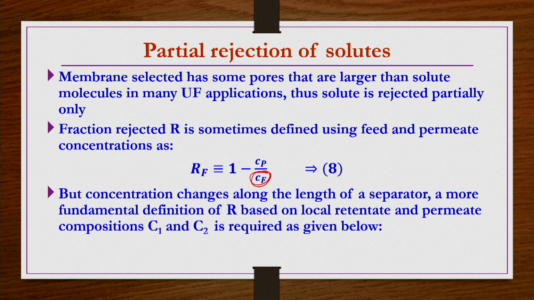So people in general use retentate concentration, that is R equals 1 minus C2 by C1. C2 is the permeate concentration and C1 is the retentate concentration. The terminology is different here. So C2 is the permeate concentration and C1 is the retentate concentration here, not the feed concentration.